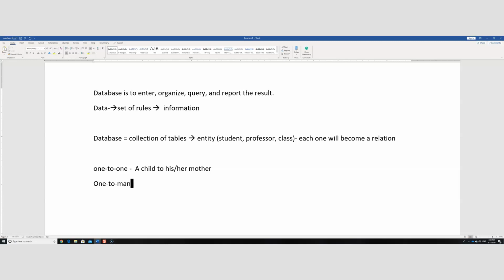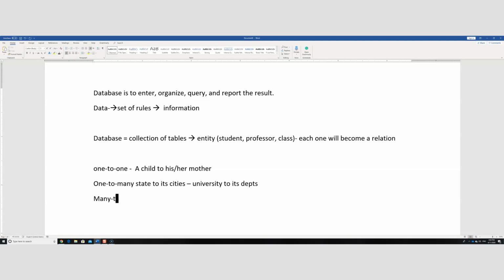State to its cities is one-to-many. University to its departments is one-to-many. And we have millions and millions of examples of one-to-many.